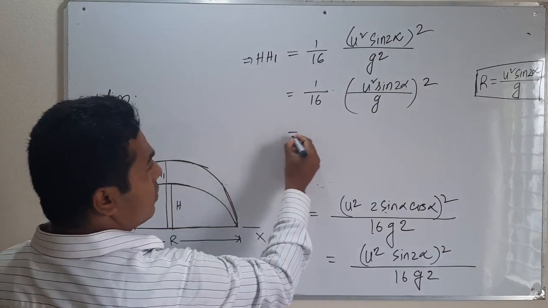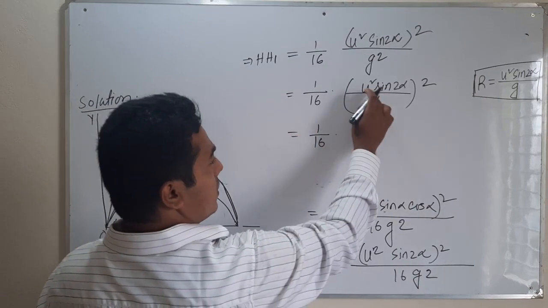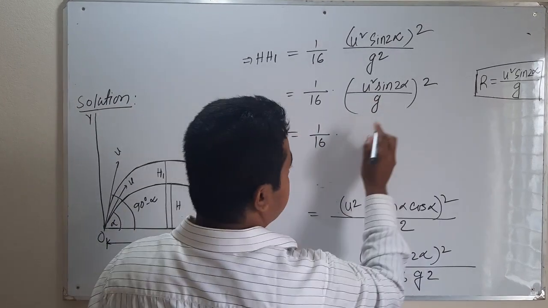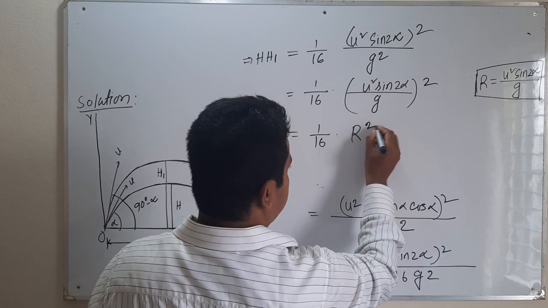So 1 by 16 of u square sin 2 alpha divided by g is r square.